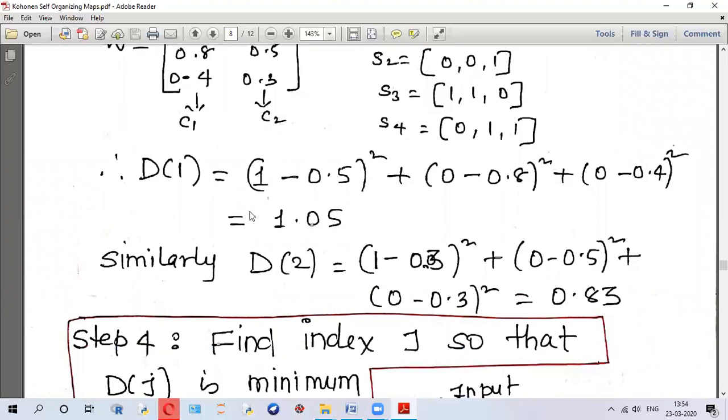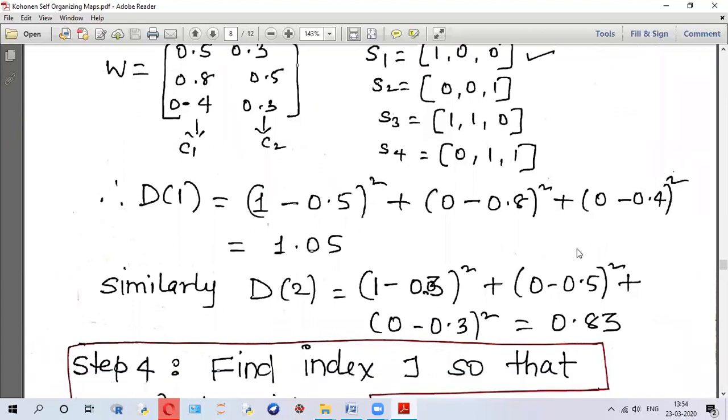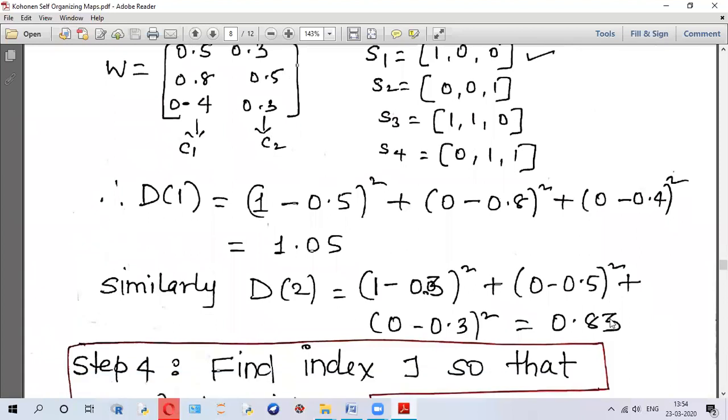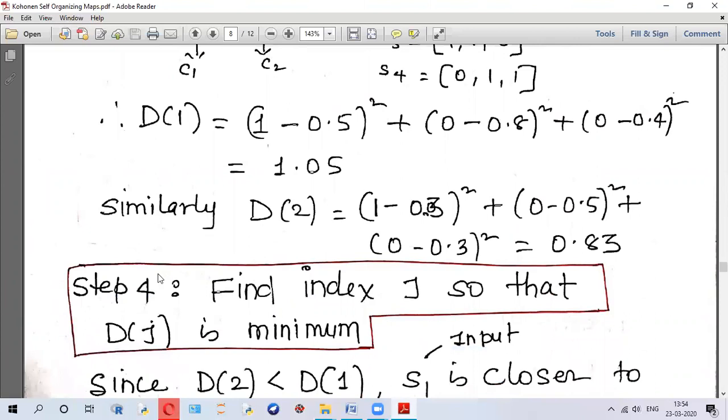Now when we compare D1 and D2, definitely D2 is the smaller value. So corresponding to this input vector S1, at this point of time, cluster unit 2 would be declared as a winner, right? Now the next step, which I have called step 4, we need to find the index j so that dj is minimum.